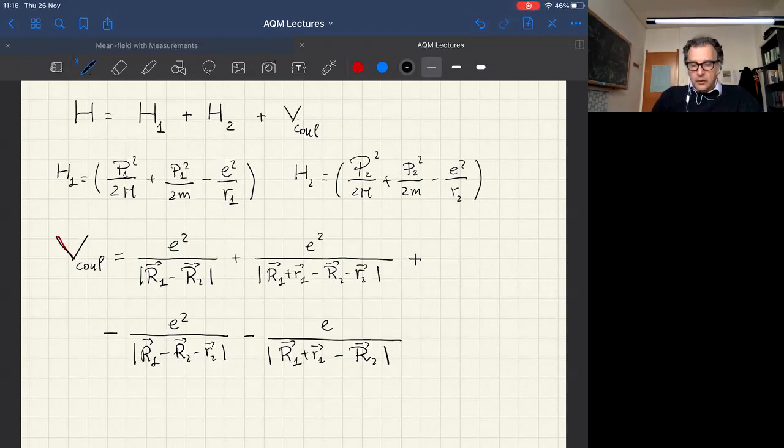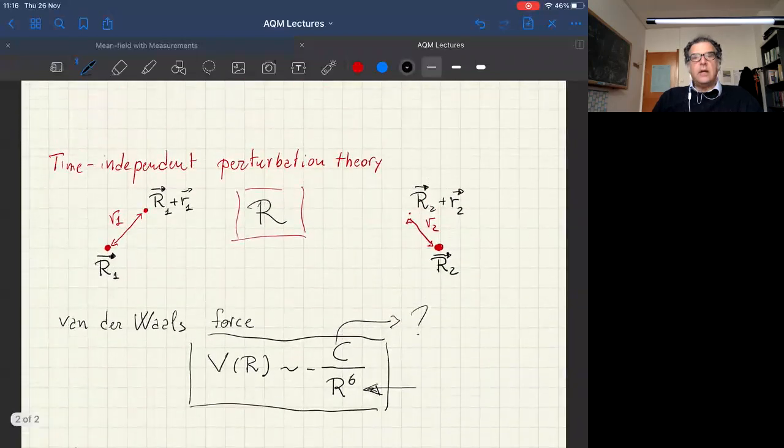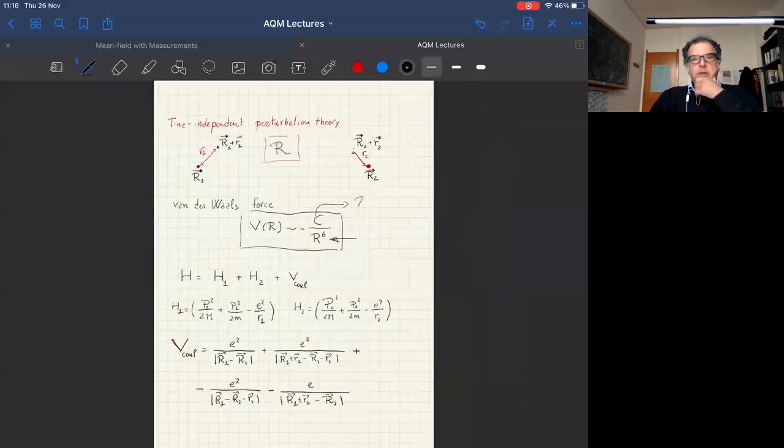Now, if you look at this problem, can you tell me what you think should be a small parameter that we need to use to build up our perturbation theory?